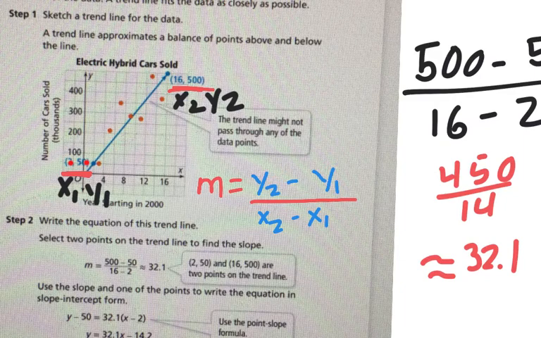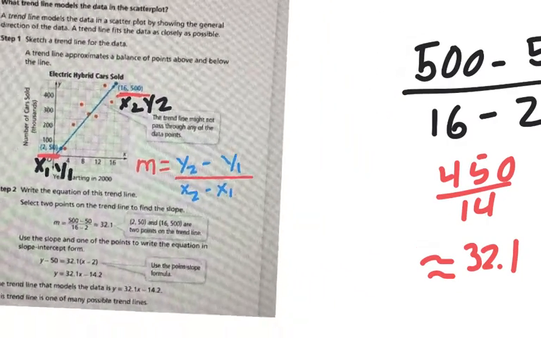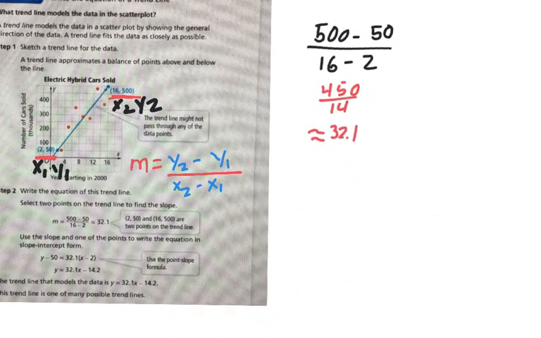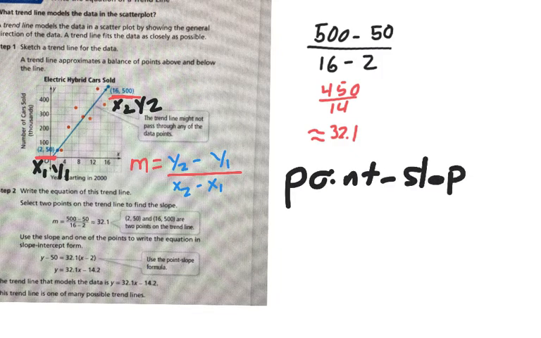32.14285714. Okay, so whatever. It's about 32.1. So now, you may or may not have seen this form before, but it's called point slope form. Does that sound familiar?